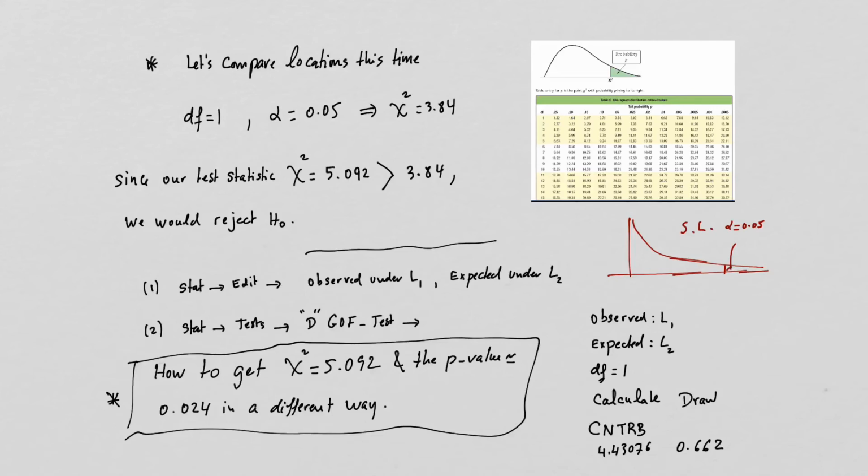It's gonna shade it for you. So if you want to visualize this, after you calculate, go back here again, go through these and click on draw. Now, at the bottom, you see CNTRB, and you really don't need to know this at all, but just in case you're curious, these are the contributions of these values.